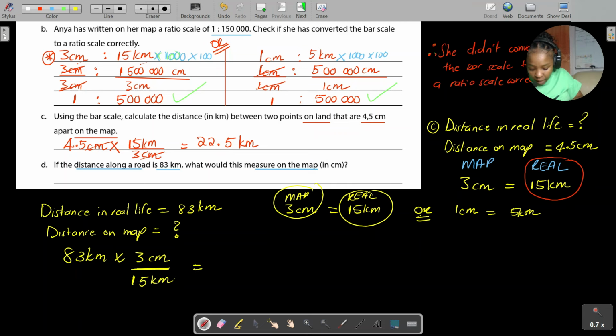So you take 83 kilometers, multiply by 3, divided by 15, it's going to give you 16.6 centimeters. That's basically what the distance will be on the map if the real life distance is 83 kilometers.